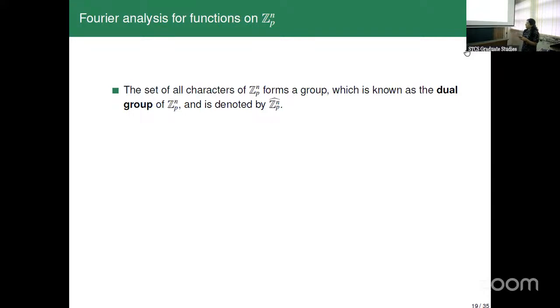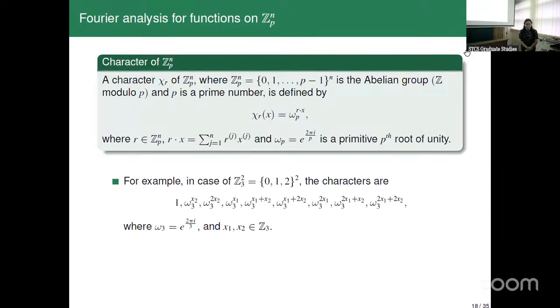And the set of characters of Z_p^n. So these are. Wait, what is one? There's something missing, right? Where is 2x1? So just a typo. Oh, it's there. Okay.